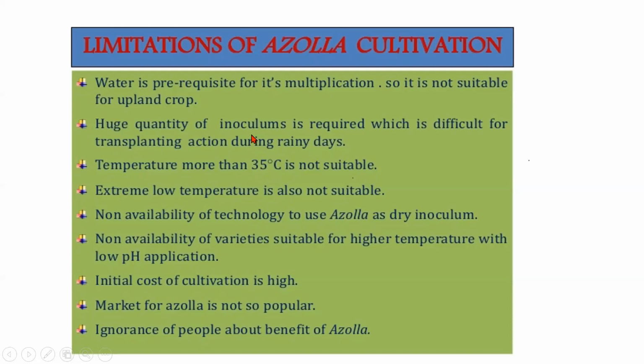A huge quantity of inoculum is required, which is difficult for transplanting during rainy days. Suppose you want to grow it freshly, you need a high amount of inoculum, a high amount of azolla. In the rainy days, it is difficult to get the supply.